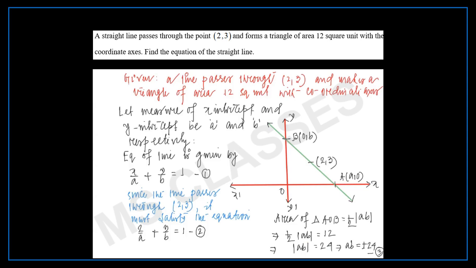Now we'll take the cases and try to find out the possibilities of A and B. So first of all, we take case 1. From equation 3, AB equal to 24. This implies B equal to 24 by A. Now from equation 2, 2 by A plus 3 by B equal to 1.